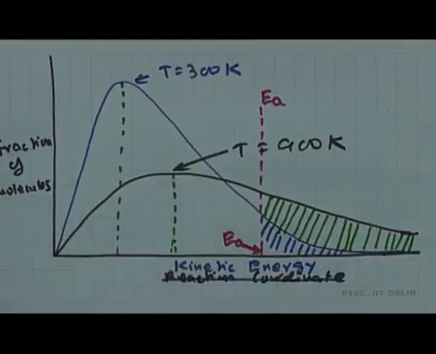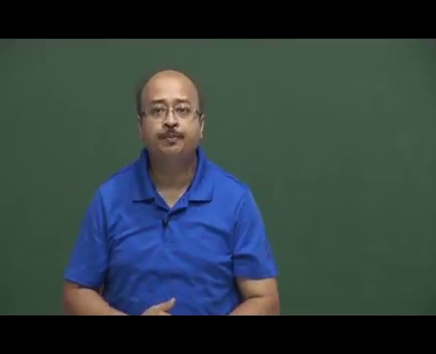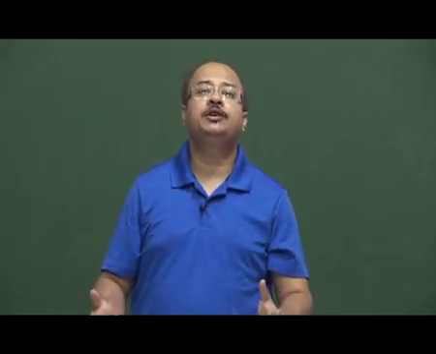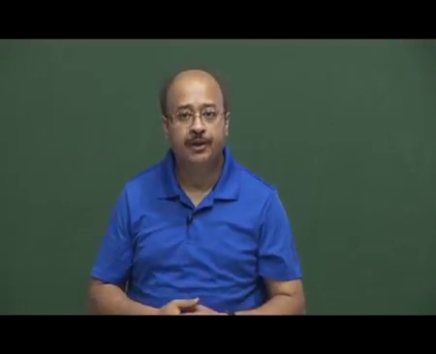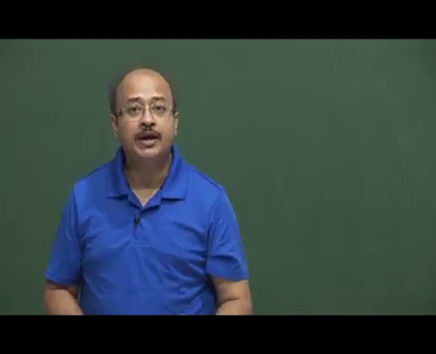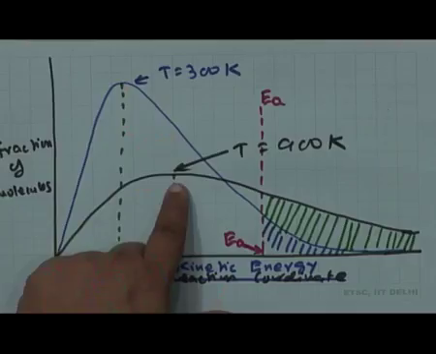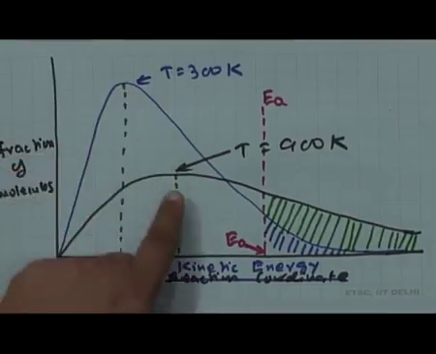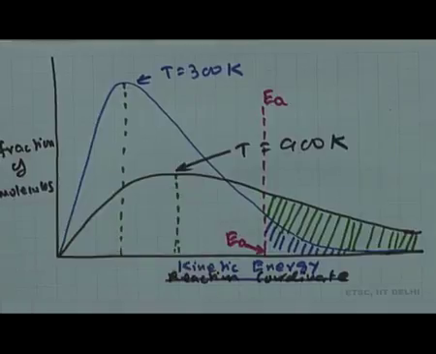This is logical, as I said at the start of this discussion: if I increase my temperature, my kinetic energy increases, and this is reflected by the shift of the peak to a higher value.